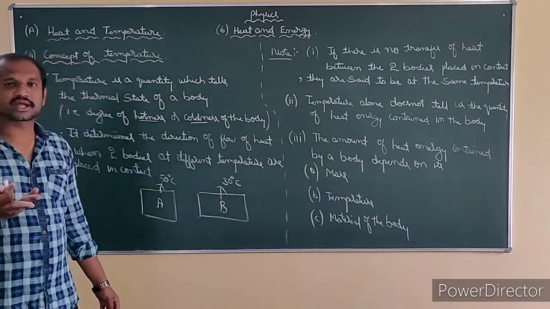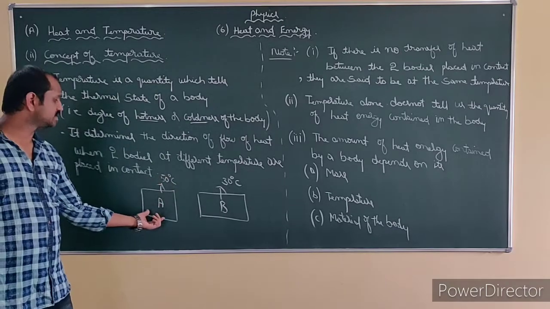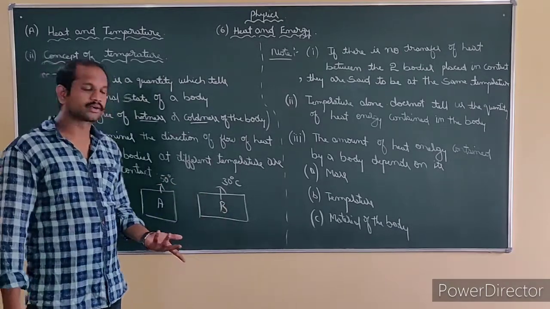So obviously, we know which is the hot body and which is the cold body. If the temperature is more, it is called a hot body, and the other is a cold body.